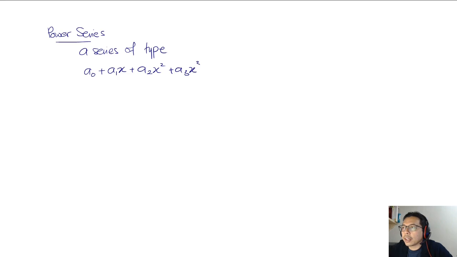I can write this using summation notation: k starting from 0 to infinity, a sub k times x to the power of k.